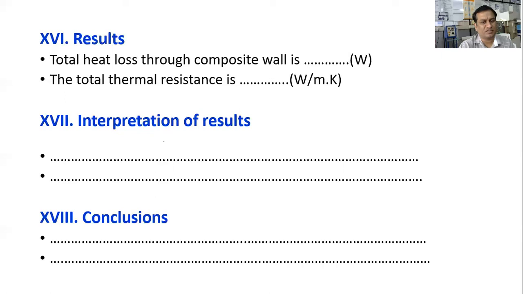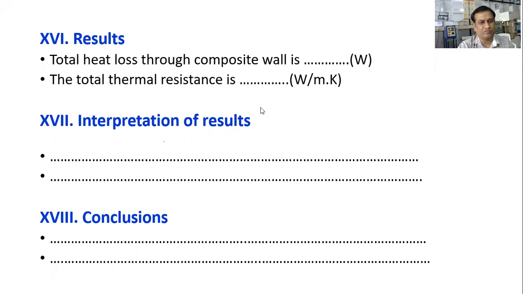So on the basis of this capital R and Q calculations, you can write the results as total heat loss through the composite wall is whatever the value after the calculations in terms of watt, and the total thermal resistance, that is capital R, is equal to the value which is calculated after experiment, in terms of watt per meter Kelvin.